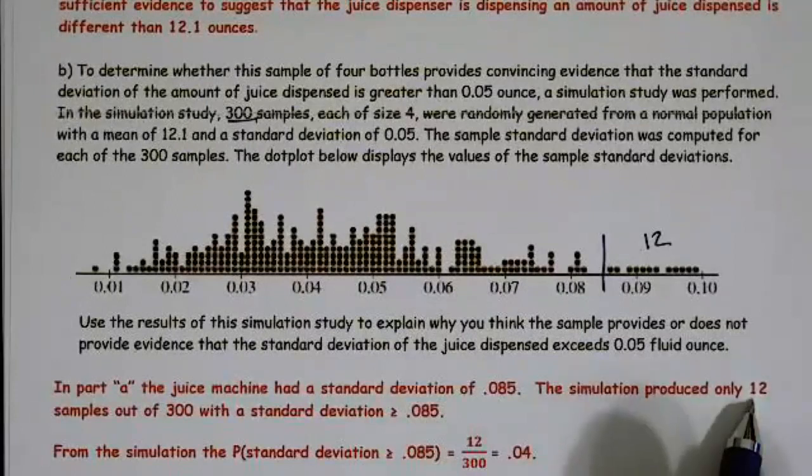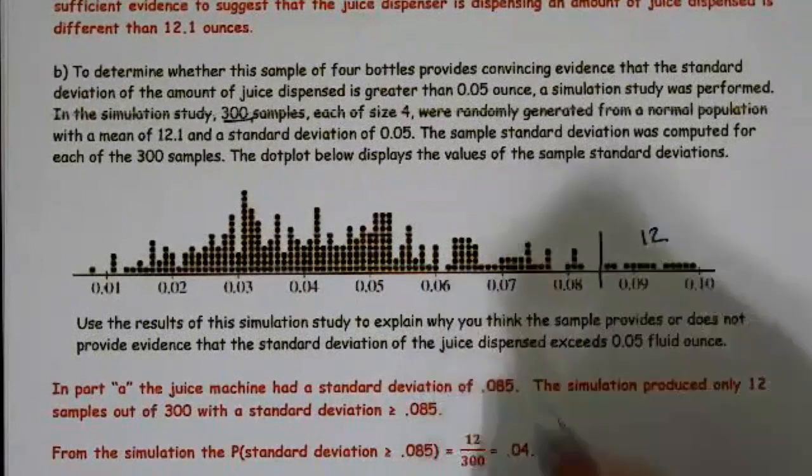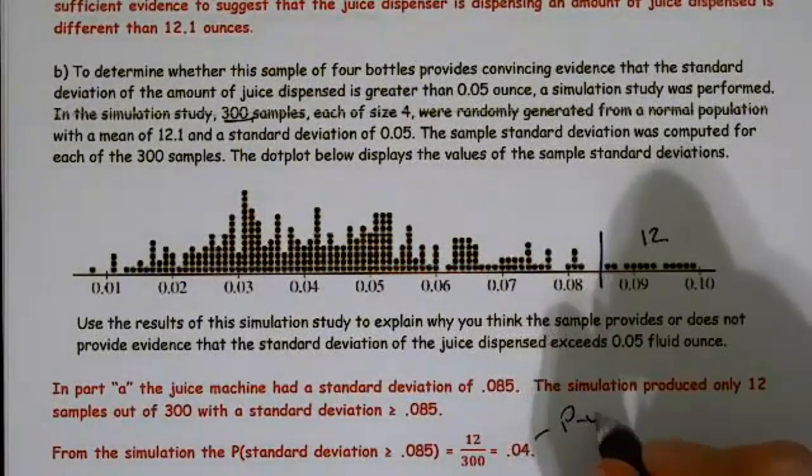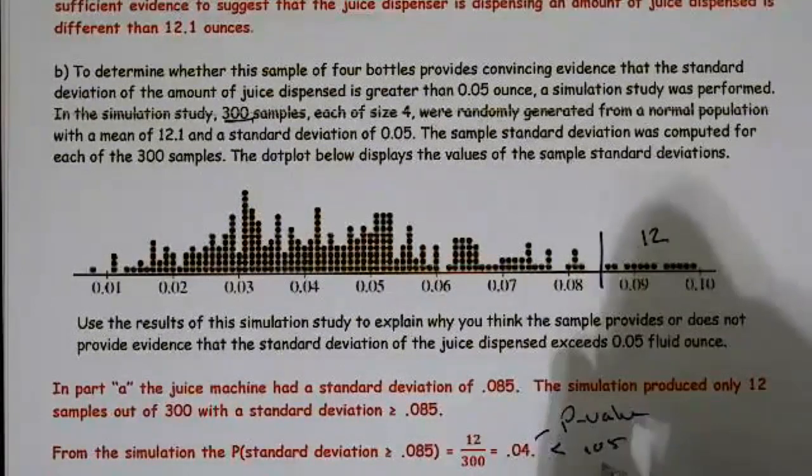It produced only 12 samples out of 300. All right, so 12 out of 300 is 0.04. Well, that's essentially my p-value. And if I had an alpha of 0.05, this is less than 0.05.